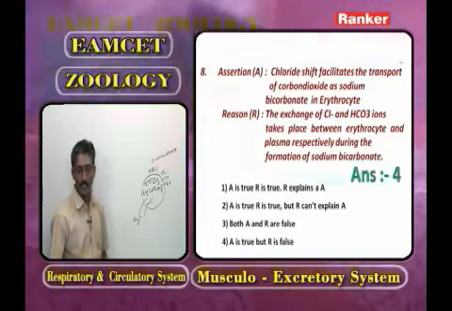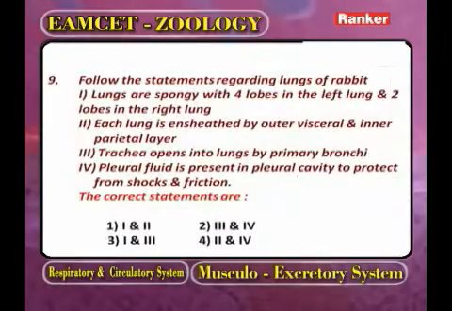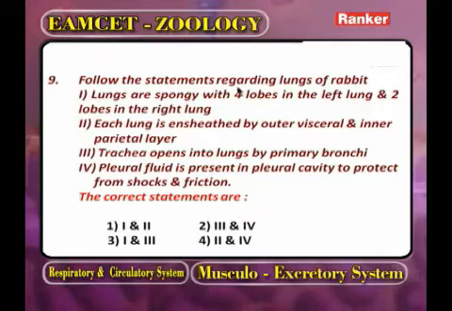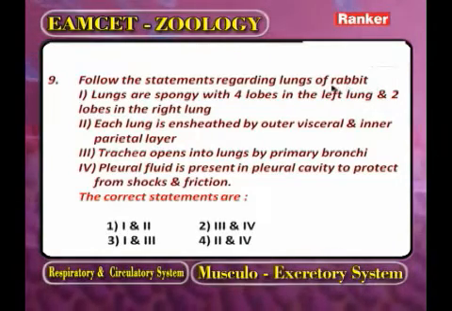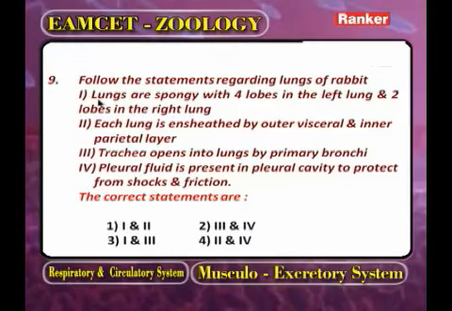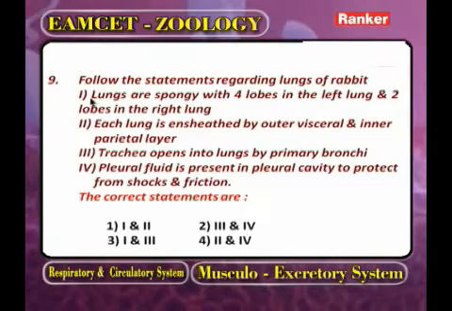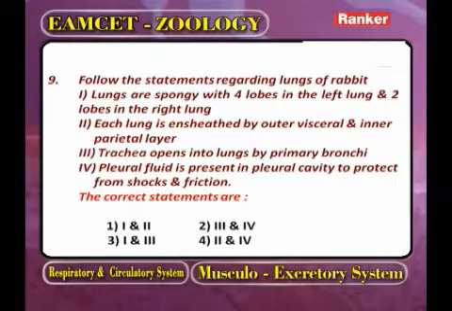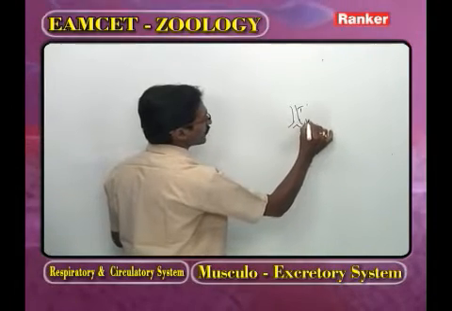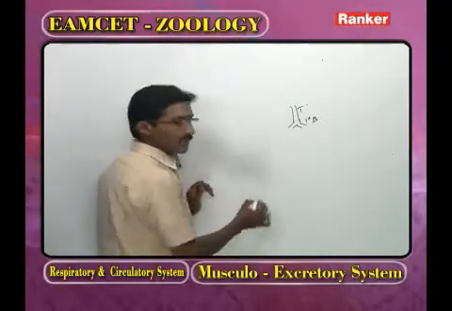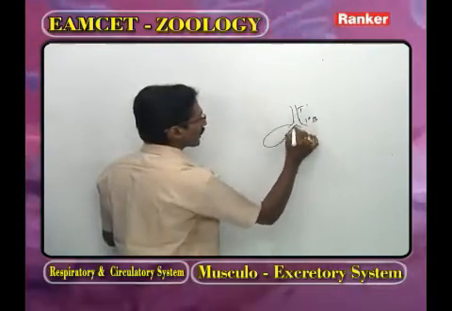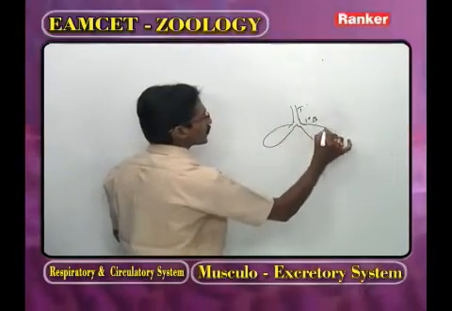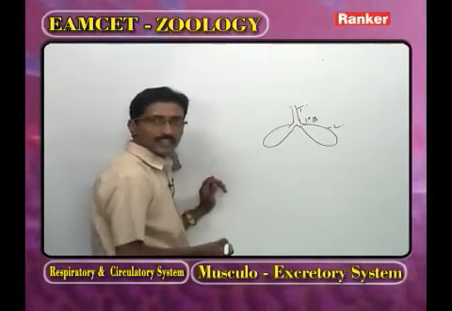Now we go for the next question. Follow the statements regarding the lungs of rabbit. What are the statements given? Now as we observe the lungs in the mammals, this part we call it as trachea. The trachea divides into primary bronchi. Now the primary bronchus enters into the corresponding lung.